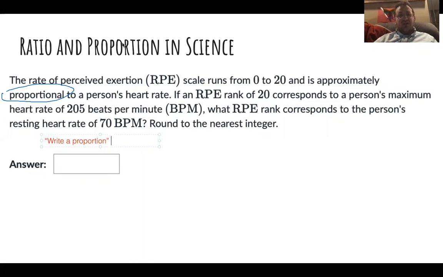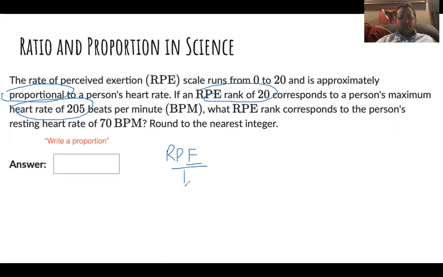So we could actually compare an RPE to somebody's heart rate. So the 20 RPE corresponds to somebody that has a heart rate of 205. And the question is, what's the RPE of somebody who has a 70 beat per minute heart rate?